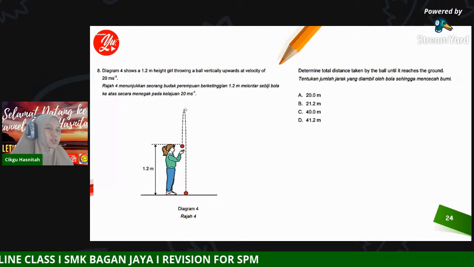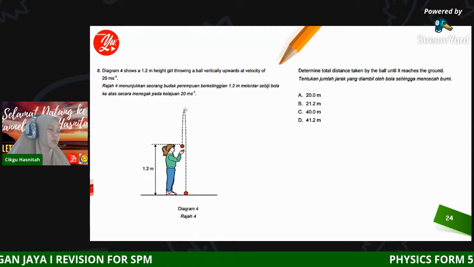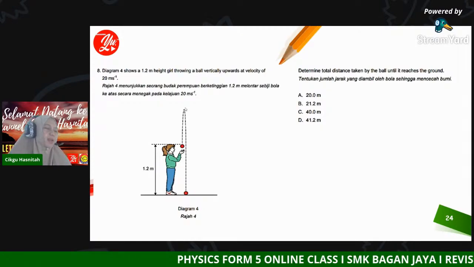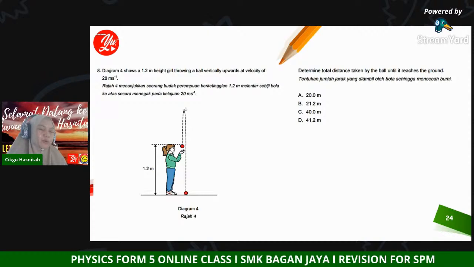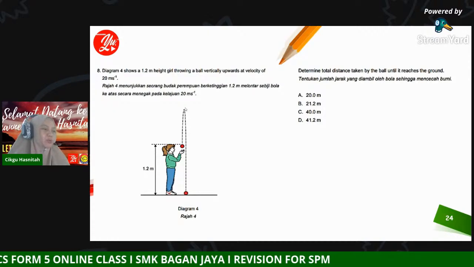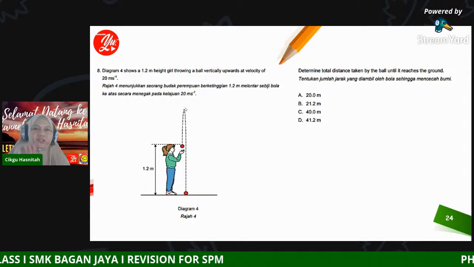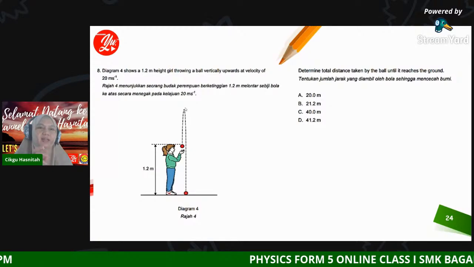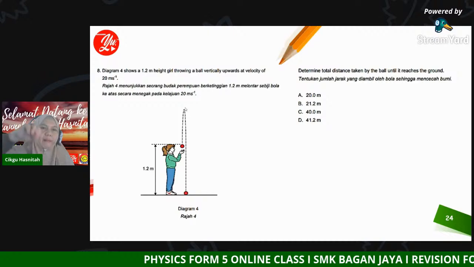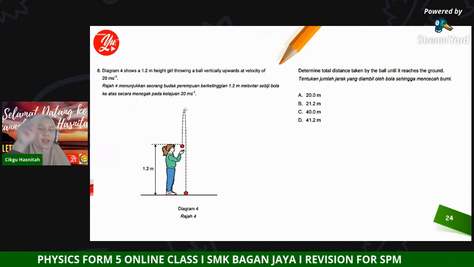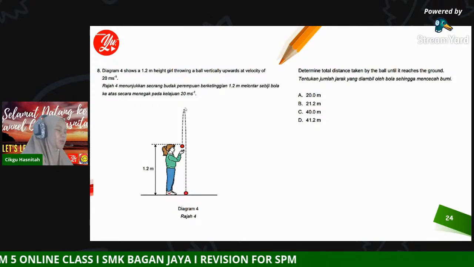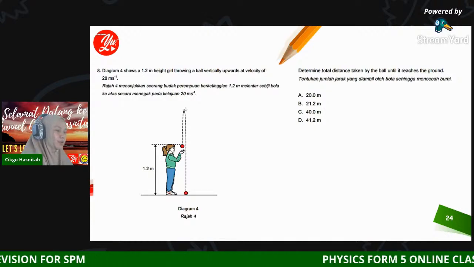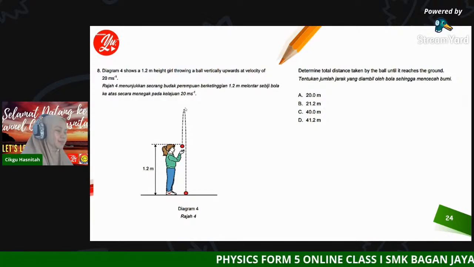I give you the equation: V squared equal to U squared plus 2AS. So 0 squared equals 20 squared plus 2 times negative 10 times S, because we throw the ball upwards, against gravity. By this, can you tell me what is the value for S? Please calculate the value for S.